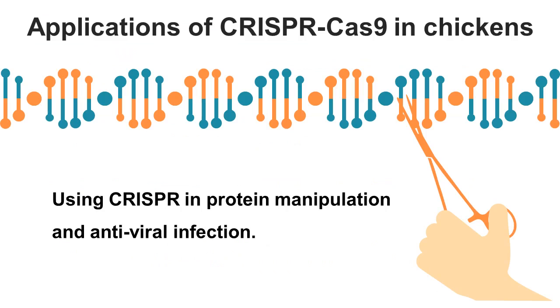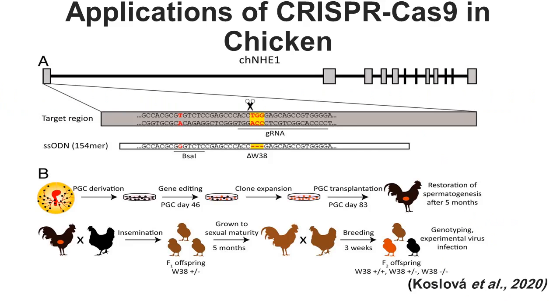Now we will talk about using CRISPR in protein manipulation and antiviral infection. To produce an antiviral chicken cell line, scientists used the chicken NHE1 gene, which has a physiological role in mammals, regulating intracellular pH and cytoskeletal organization.